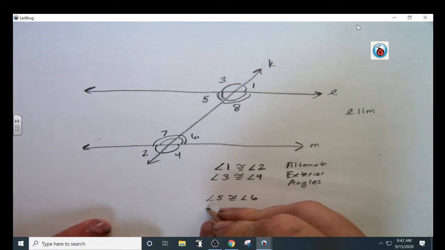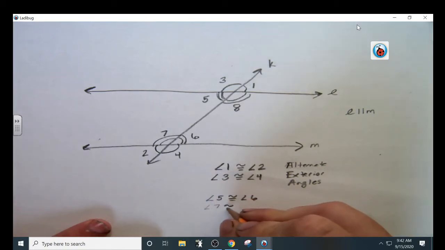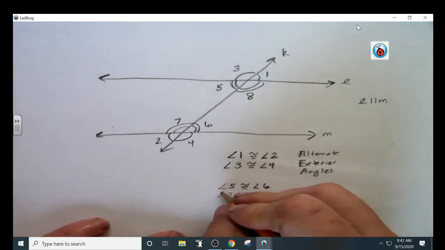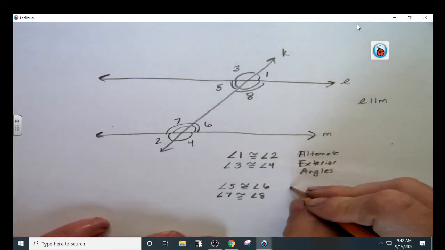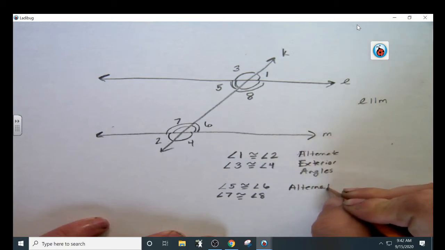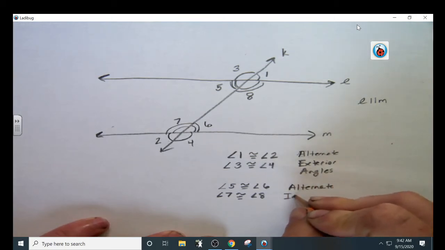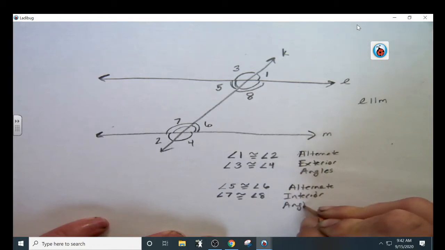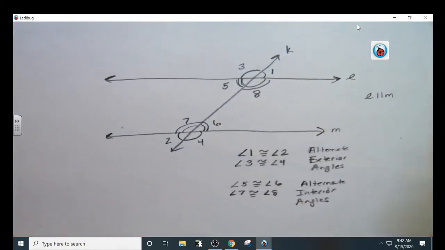And the reason why that relationship is called alternate interior angles. So those two angle relationships will be called alternate interior.